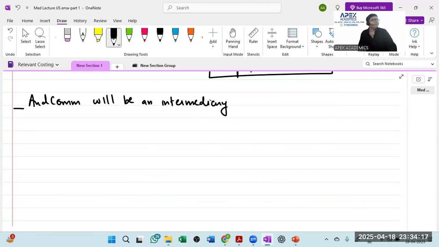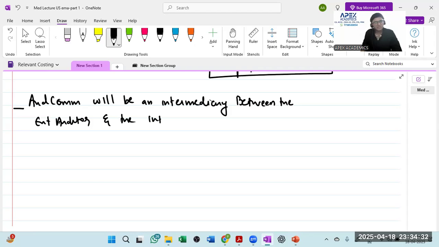Who will the audit committee be? They will be an intermediary between the external auditor, the internal auditor and the management. They will help them discuss.